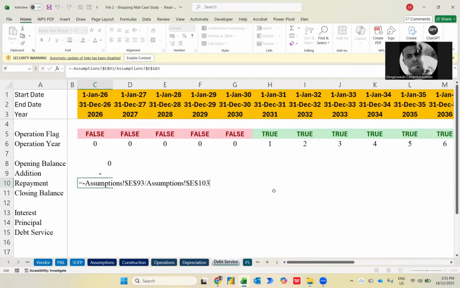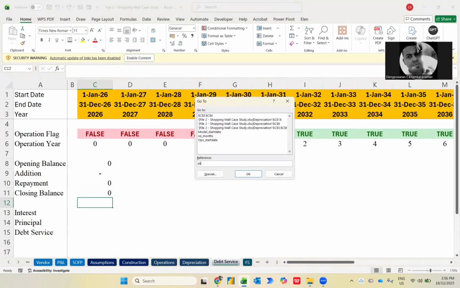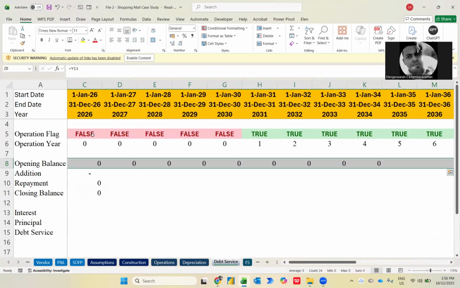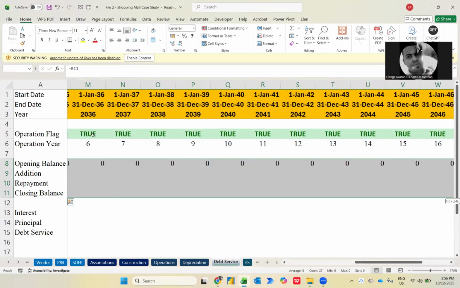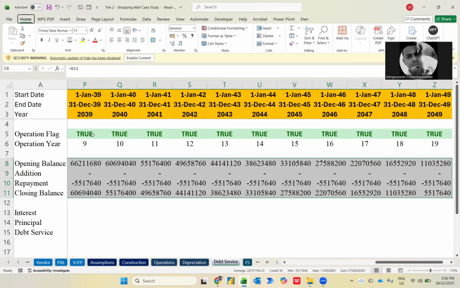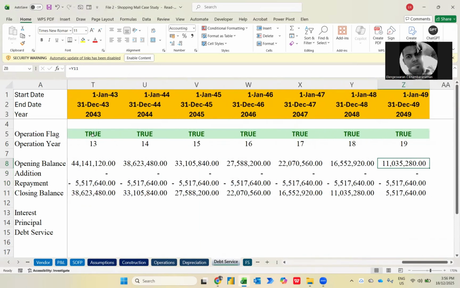But bear in mind, during the construction we never pay, so we just multiply with this, enter, and then alternate equal, Ctrl G, Z8, Ctrl Shift left, Ctrl R, then Ctrl G, C8, Ctrl R, alternate escape. Okay, just have a look, because you said that the loan payment will take about 20 years.